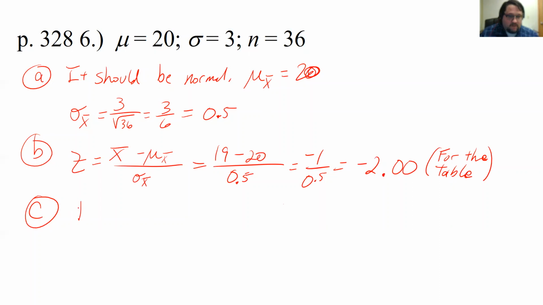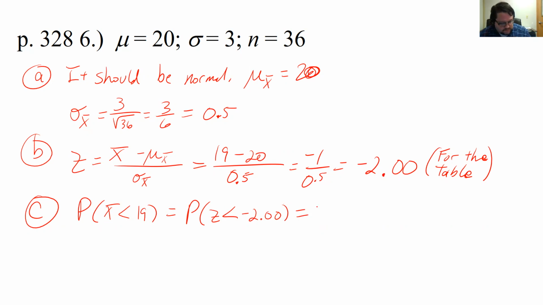and here we go. Find the probability that X bar, the sample mean, is less than 19, which corresponds to the probability that our Z value is less than negative 2.00. And again, that's just how our tables are set up, negative 2.00, 0.0228.